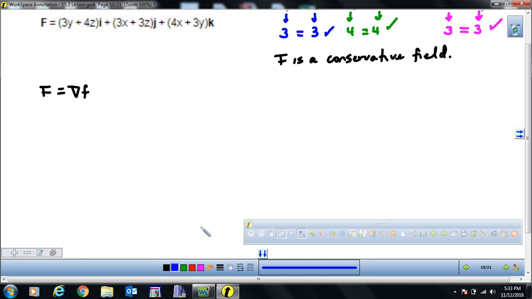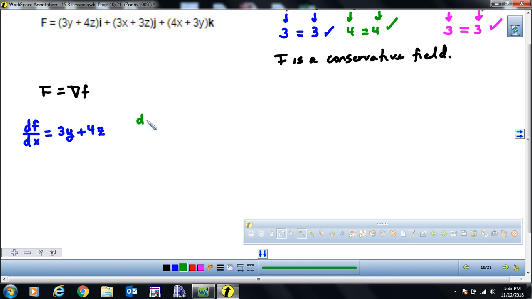That's how we find the gradient of a function. So that's what follows. Then the derivative of some potential function f with respect to x is represented by this value, 3y plus 4z.